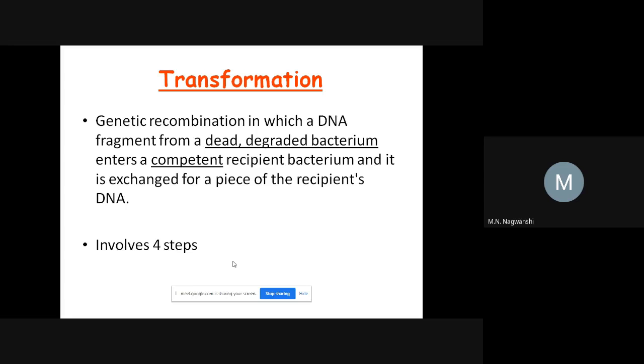As we have seen in the diagram, some nucleotides were not showing complementary bases. That part of the bacterial chromosome was repaired, isn't it? And when the new DNA was incorporated, that much part of the bacterial DNA was removed. So this process of transformation involves 4 steps.